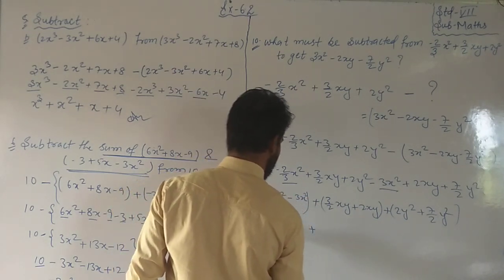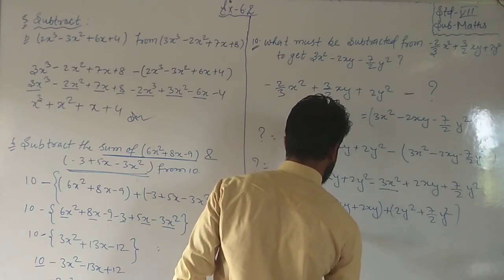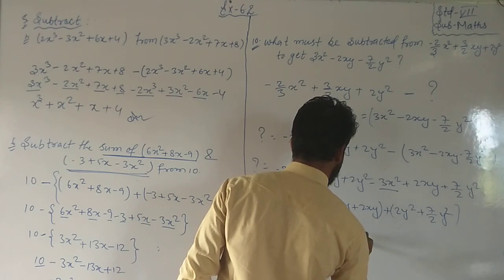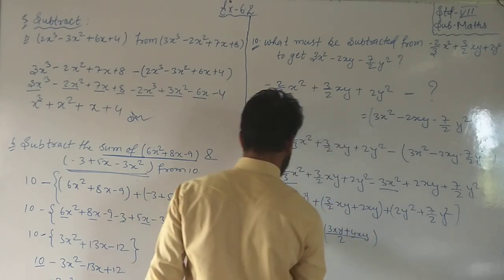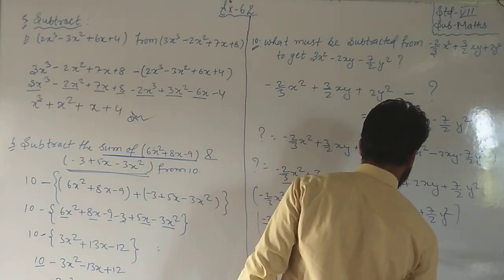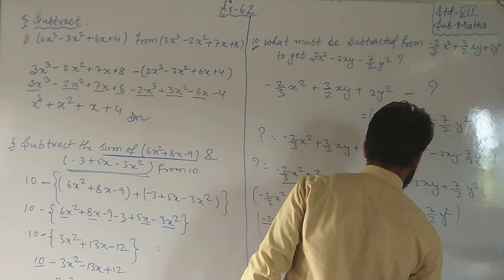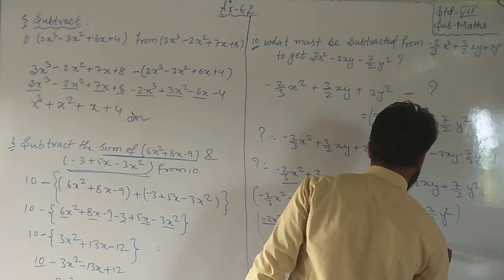Then plus here again LCM 2: 3xy plus 4xy. Then plus LCM 2: 4y square plus 7y square.